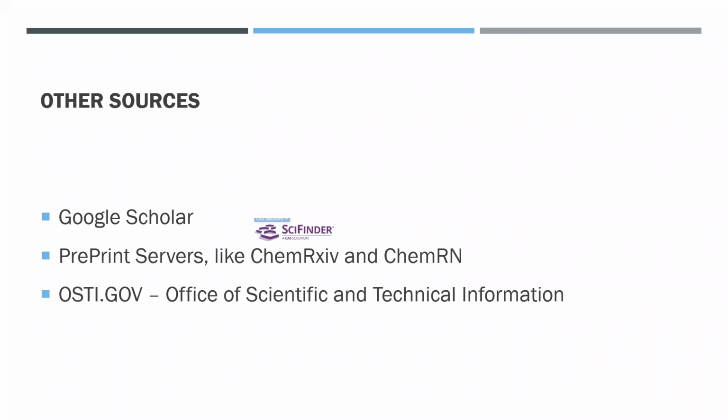So if there's a particular type of scientific or technical information that's of interest, like say if you were an engineer and you were particularly interested in aerospace engineering, there's a database for NASA documents. The OSTI is a database for research published by the Department of Energy.